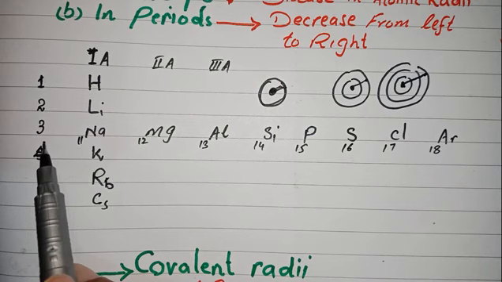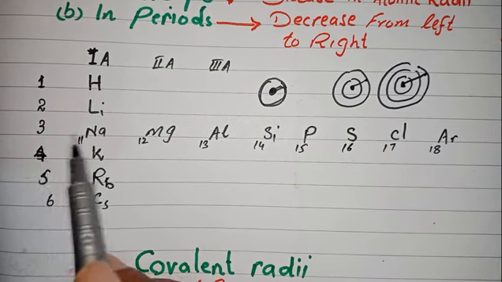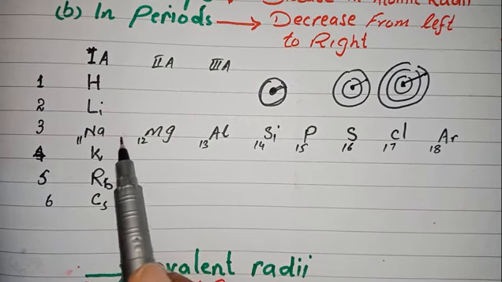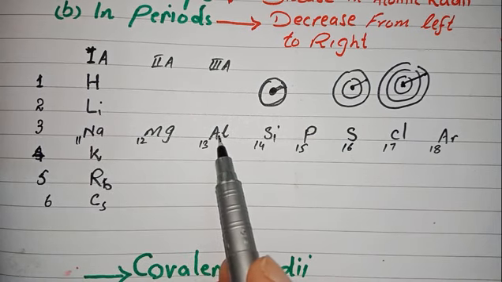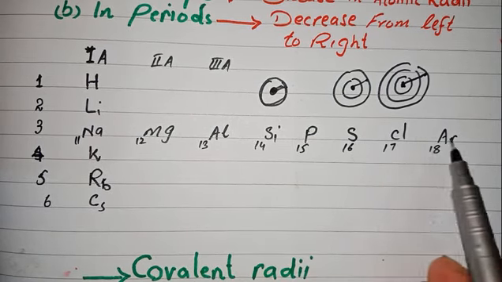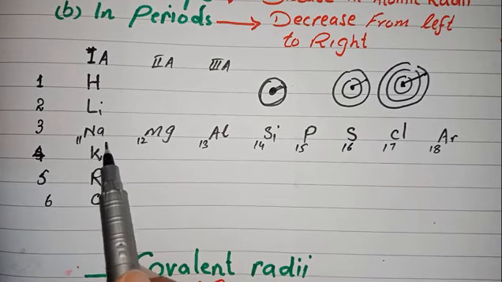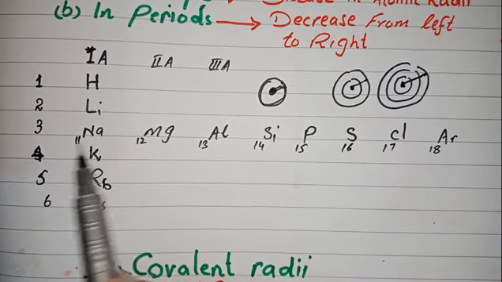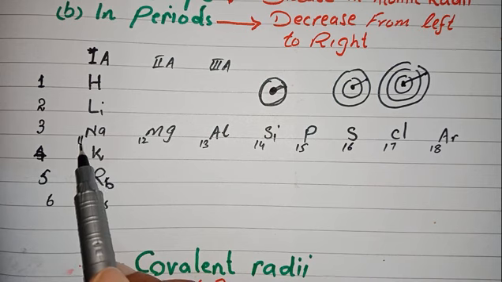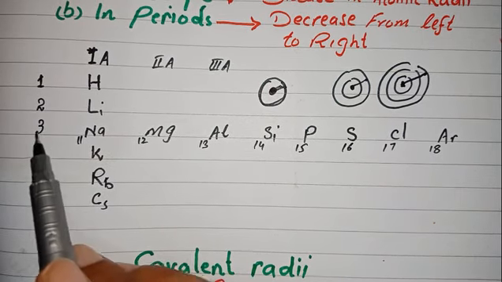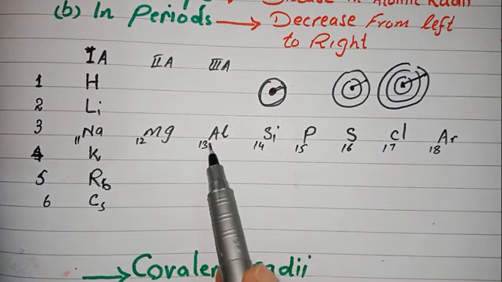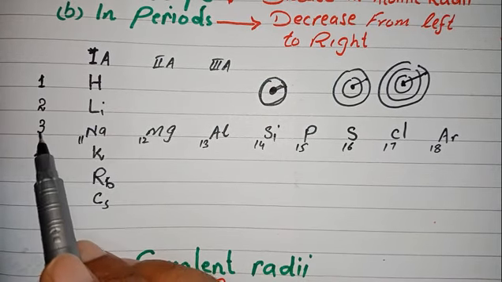We know that elements belonging to the same period have the same number of electronic shells. Sodium, magnesium, aluminium, and all the rest of the elements of the same period have the same electronic shells. In sodium, 11 protons attract the third shell. In magnesium, 12 protons attract the third shell, while in aluminium, 13 protons attract the third shell.